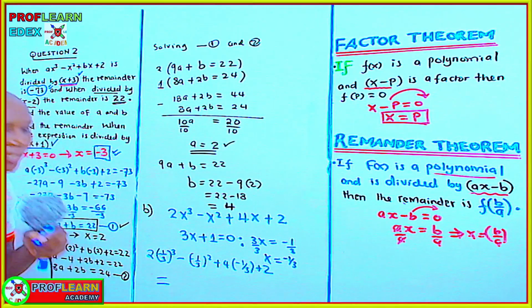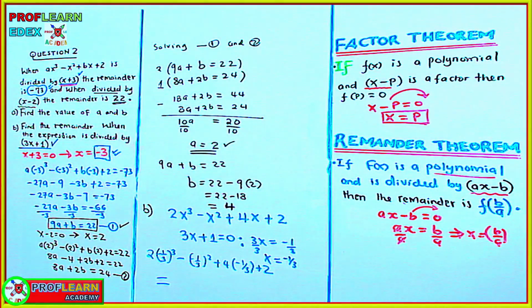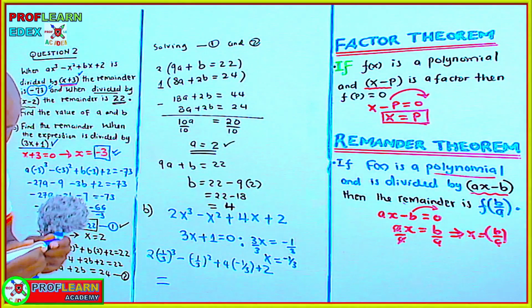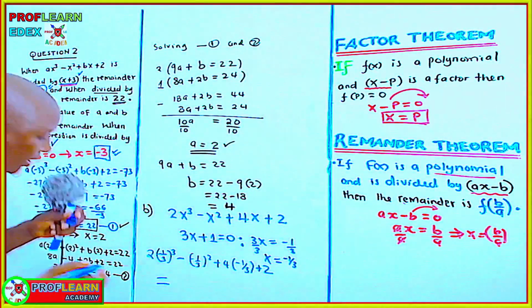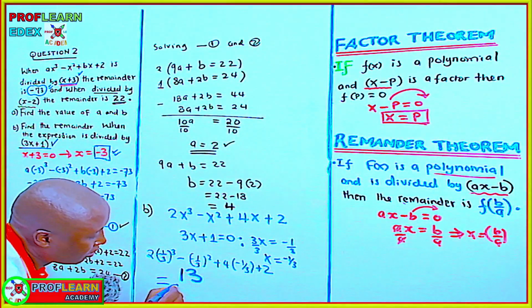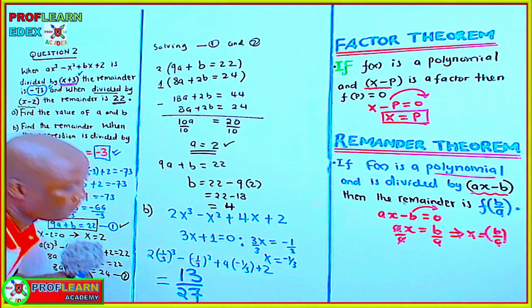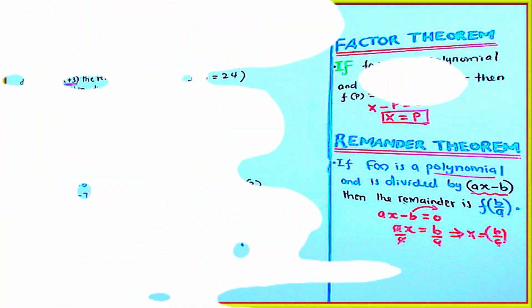If you put this in your calculator, you will get your value simplifying to 13 over 27. You're going to get your final answer as 13 over 27 as the remainder for this particular question.